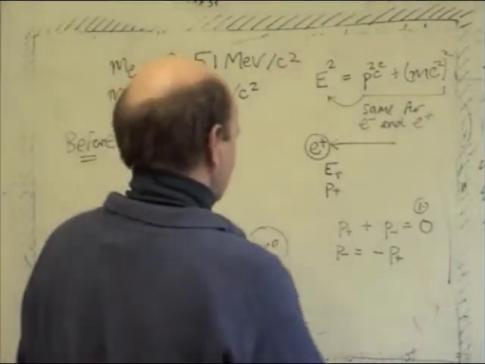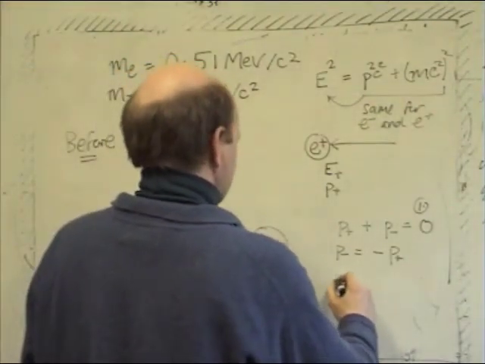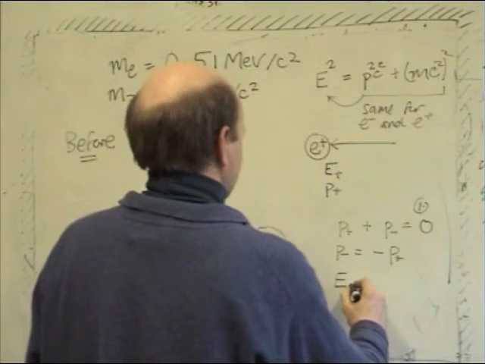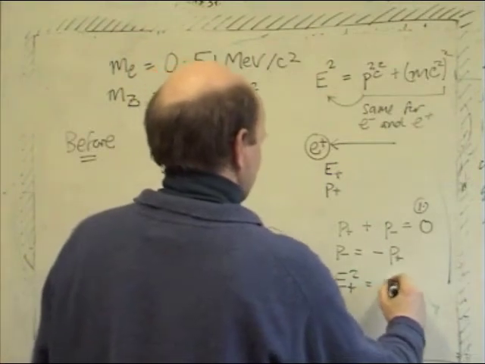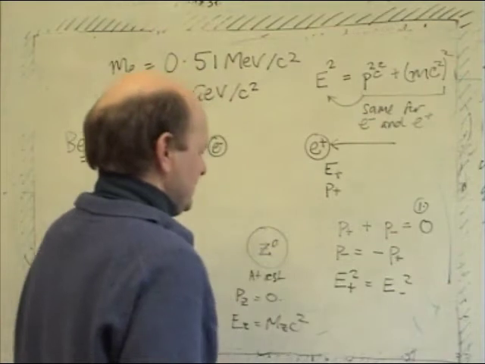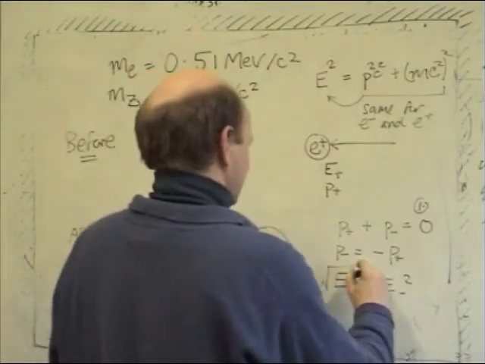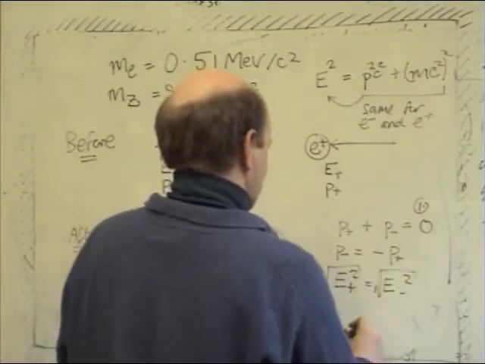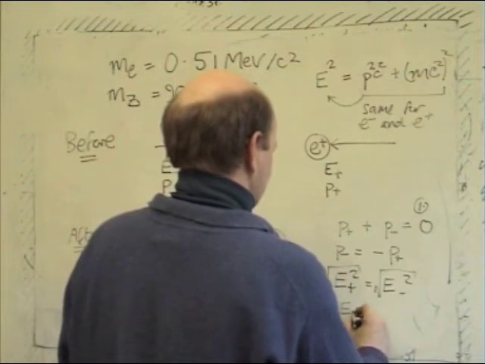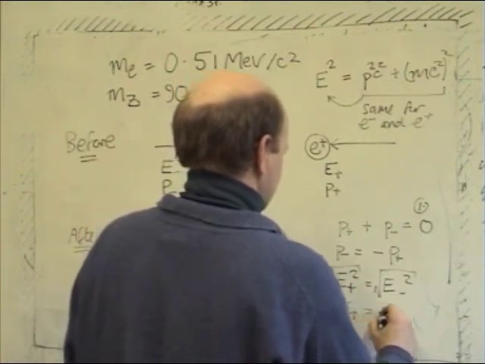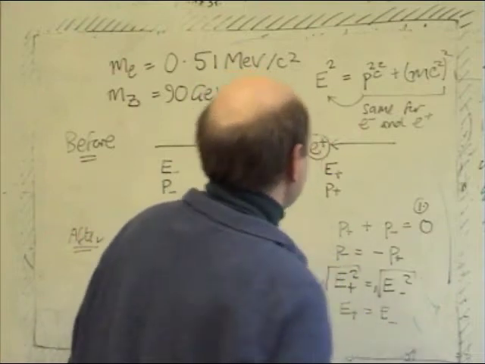And so that means that our next equation is that E plus squared has to be equal to E minus squared. You can take the square root of both sides of this equation, and noting that energies are always positive, we must have that E plus equals E minus. They have the same energy.